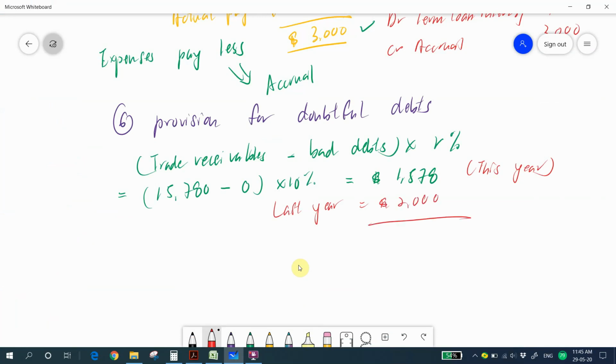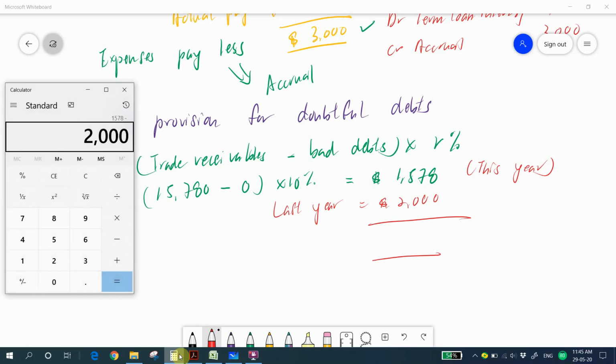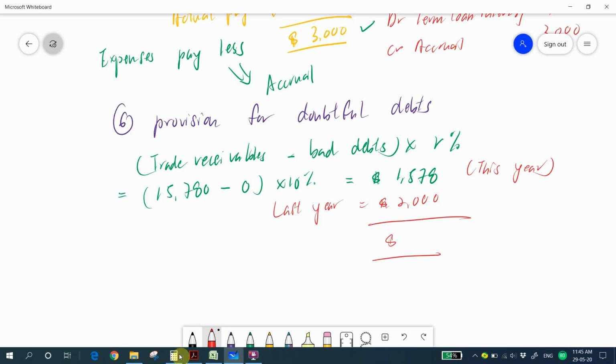So we have a difference of 422. And is this an increase or a decrease in provision? The answer is a decrease in the provision for doubtful debts.